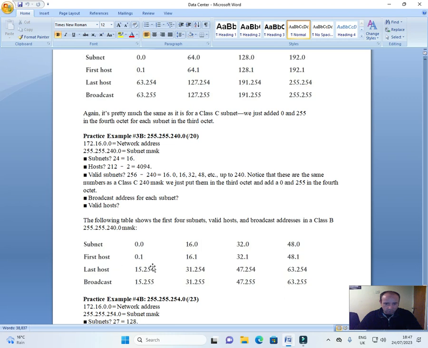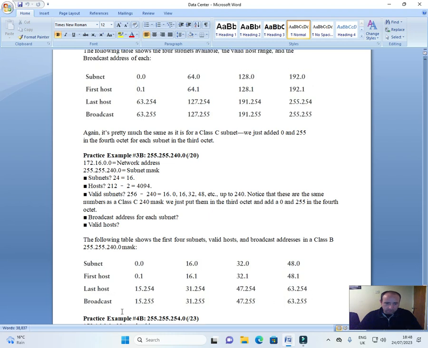First hosts: 0.1, 16.1, 32.1, 48.1. Last hosts: 15.254, 31.254, 47.254, 63.254. Broadcast addresses: 15.255, 31.255, 47.255, 63.255.